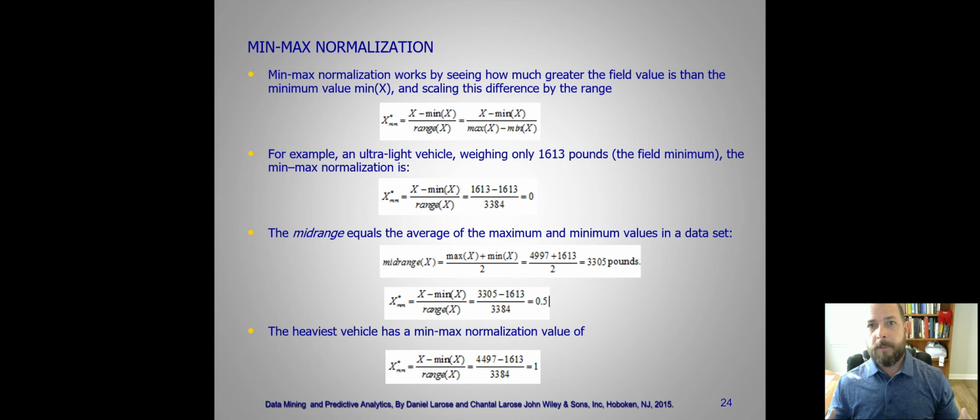We look at the minimum value and the maximum value, and we scale everything down between 0 and 1. This is done on the weight of these vehicles, so the lightest vehicle would be at 0 and the heaviest vehicle would be at 1. If they're normally distributed, the one at about the average value should be somewhere around 0.5.